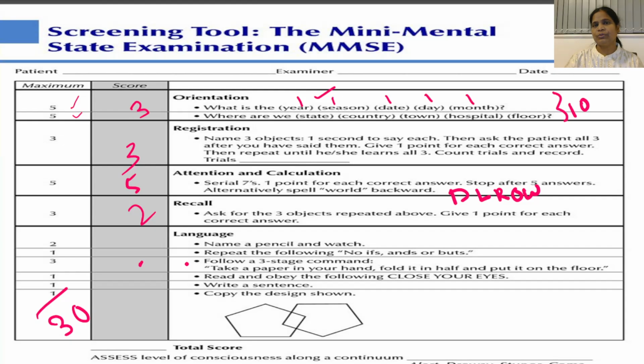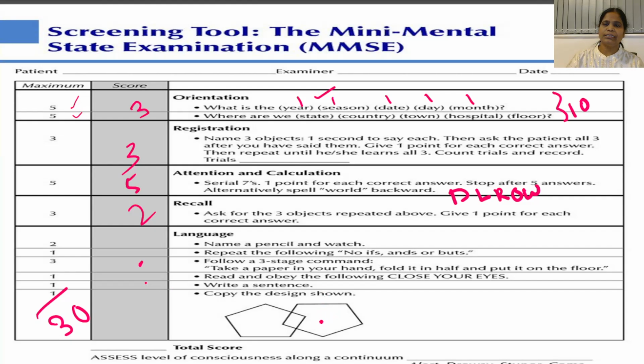You can ask them to write a sentence. "My name is Roja," or "I am admitted to hospital on," or whatever it is, which makes complete sense. If they write one sentence, then you can give 1 mark here.